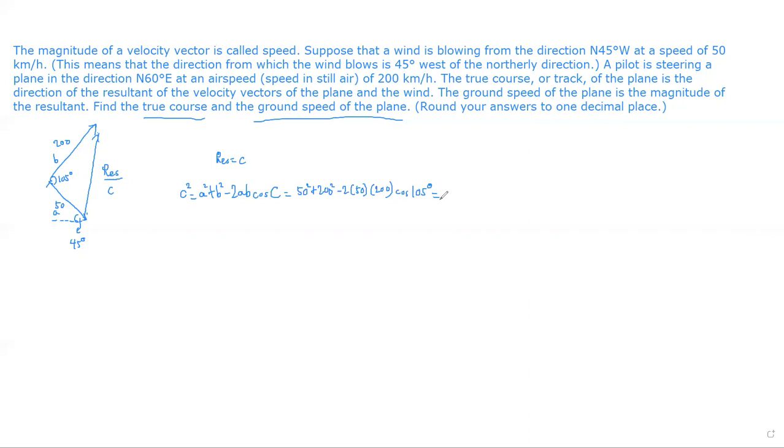Besides, it said round to one place after the decimal anyway, so it's fine. When you get that, you get an answer of 47676. That's C squared, but square root this answer, and you get roughly 218.35 kilometers per hour.